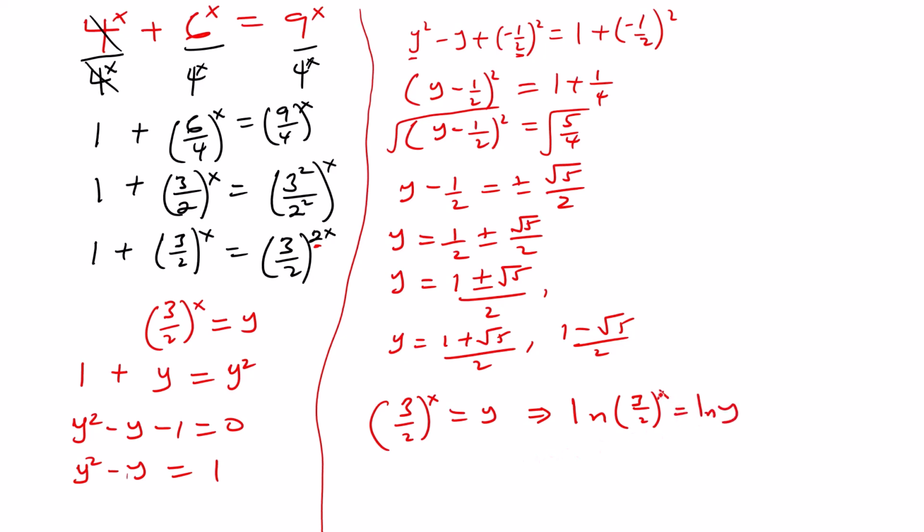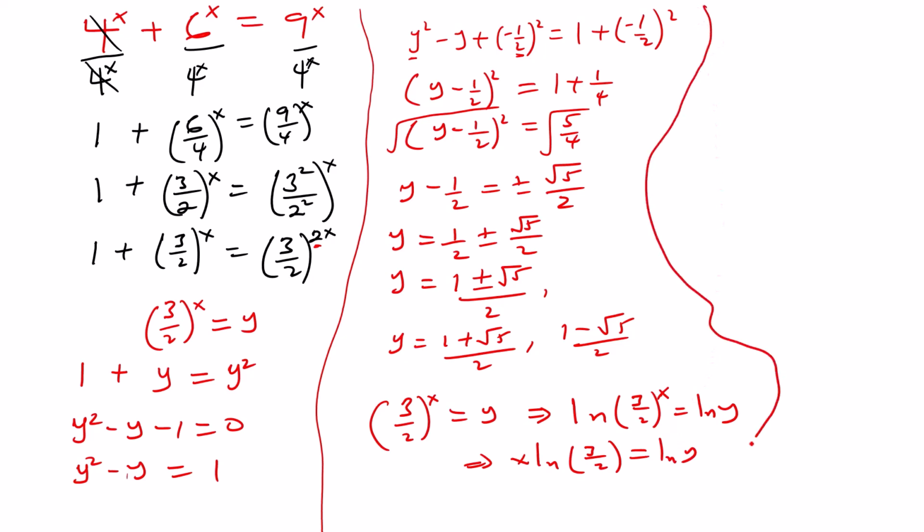So this one is the power rule, the same as x natural log of 3 on 2 equals natural log of y. So we are going to do substitution. Okay, now be very careful. You can't take the log of a negative number. So of the two answers here, this one is out. It means y should be greater than 0.